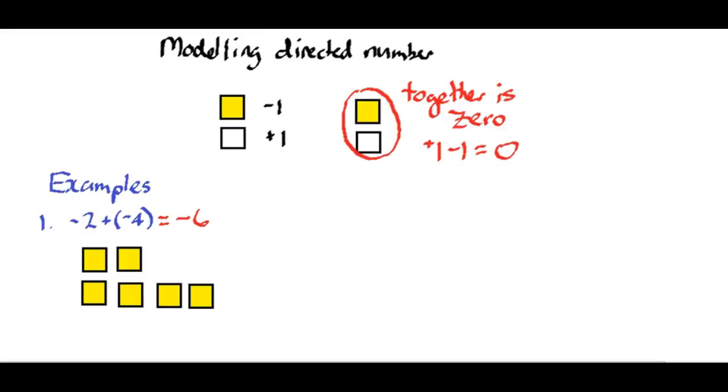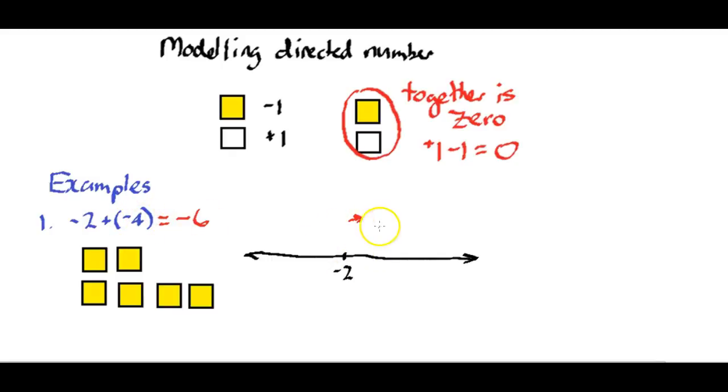Now I can also do this problem on a number line. So let's have a look how it works on a number line. I can draw my number line like this, and I'll start with -2 because that's our first number. Now we're going to add. Now when I add, I'm going to face this way. But I've got to add -4.